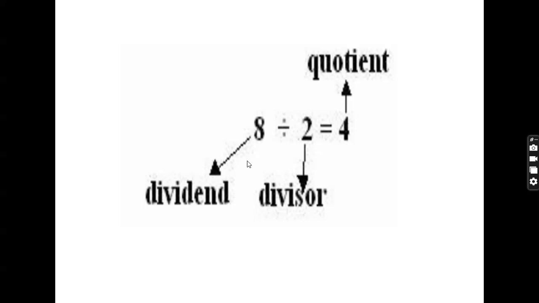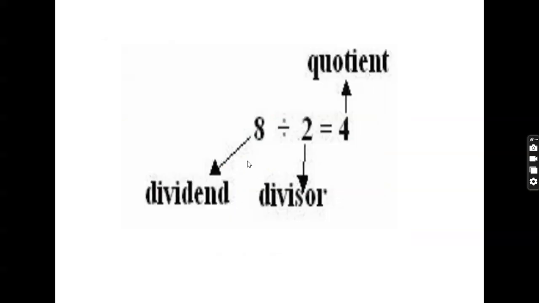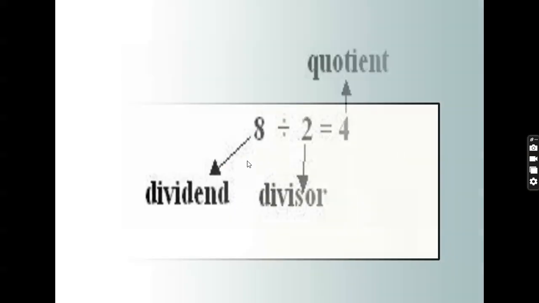So 8 divided by 2 equals what? Equals 4. Good job. Why? Because we have 4 in the first group and 4 in the second group. Each group has, in this case, the same number of Lego pieces. Good job. So the answer is 4.